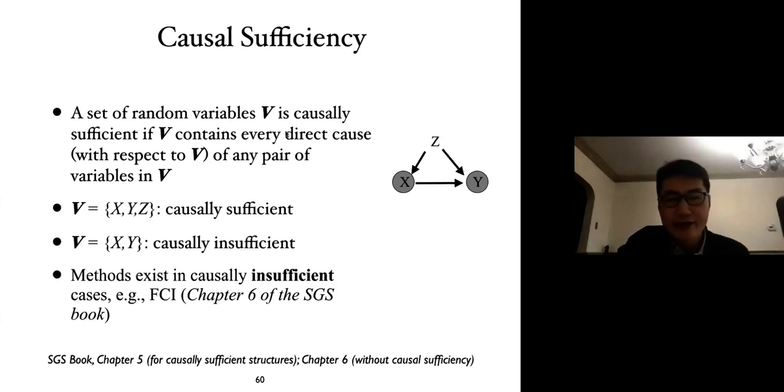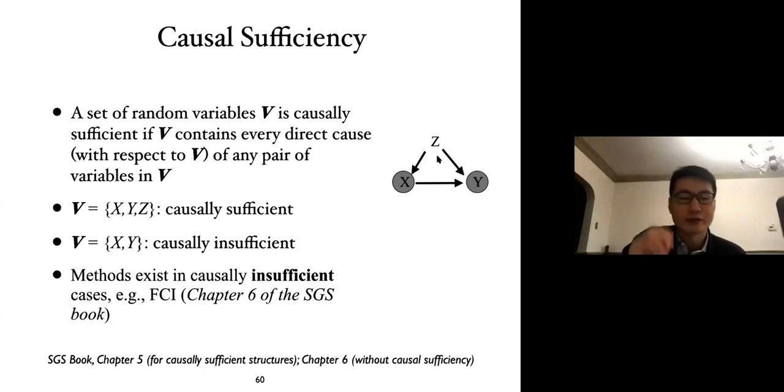Here you can see I use direct common cause, right? And in most cases, people just say common cause, and this is more rigorous. Here, Z is the direct common cause of X and Y. But even if Z is only the cause of X, since X causes Y, Z is also a cause of Y. So in some sense, you can say Z is a common cause of X and Y, even if Z is not the direct cause of Y. That's why that's not rigorous.